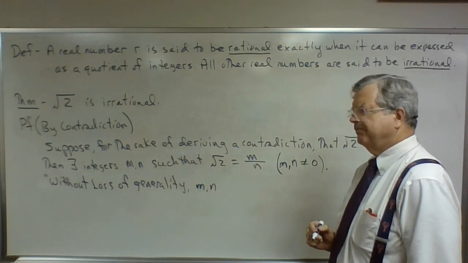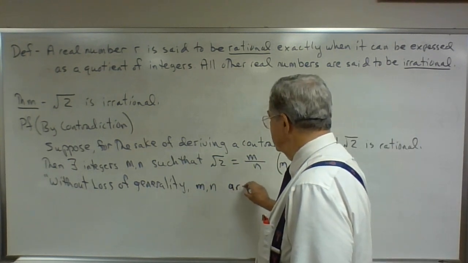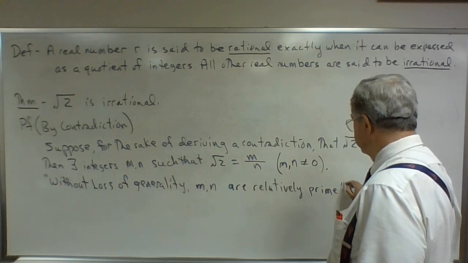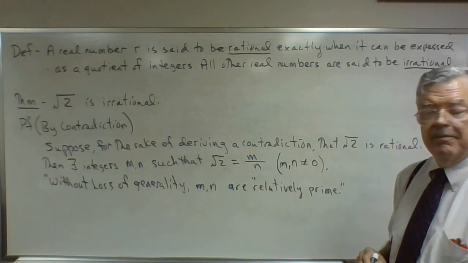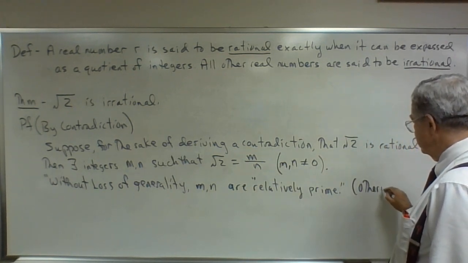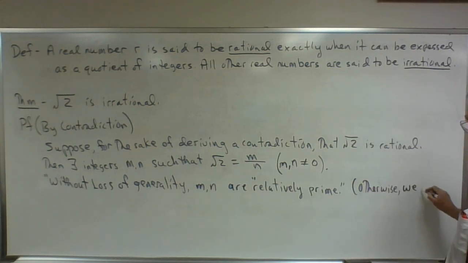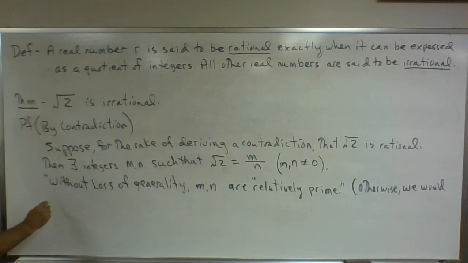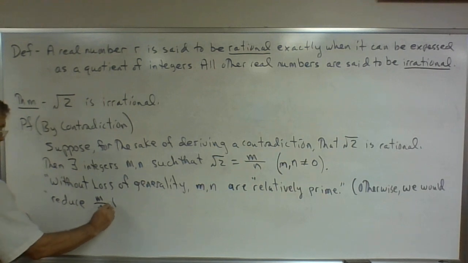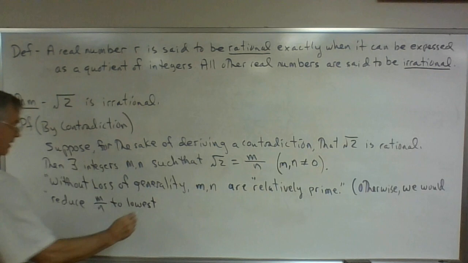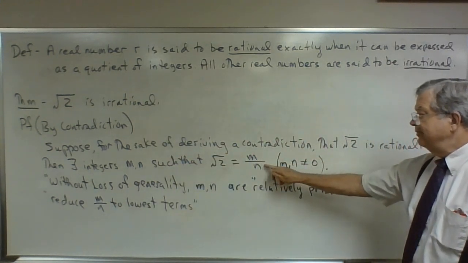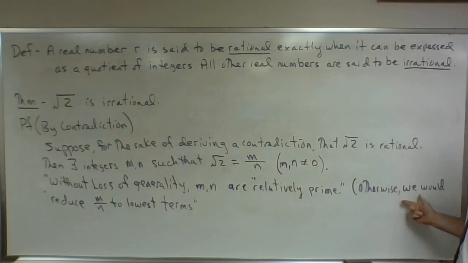m and n are relatively prime. If m and n were not relatively prime, we would reduce to lowest terms.